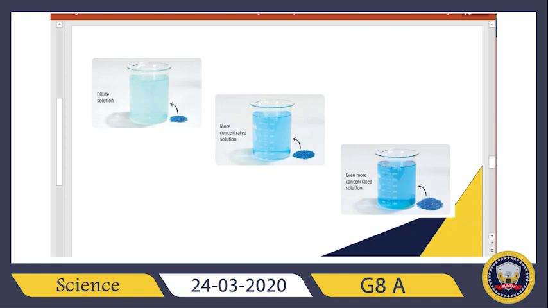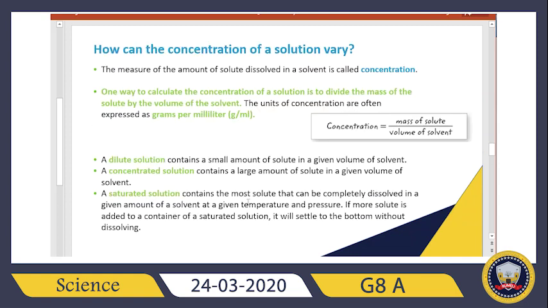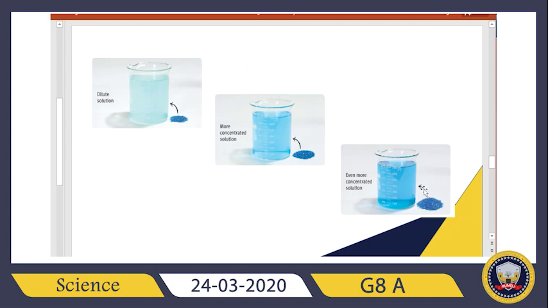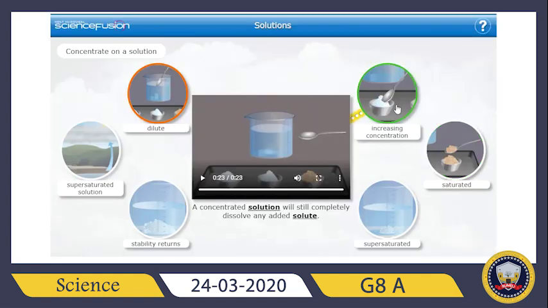In saturated solutions we have the most solute that can be completely dissolved inside this solvent. This is the highest amount that this amount of solvent can dissolve. Let's check from here also. So when I am increasing the concentration, I am increasing the solute.